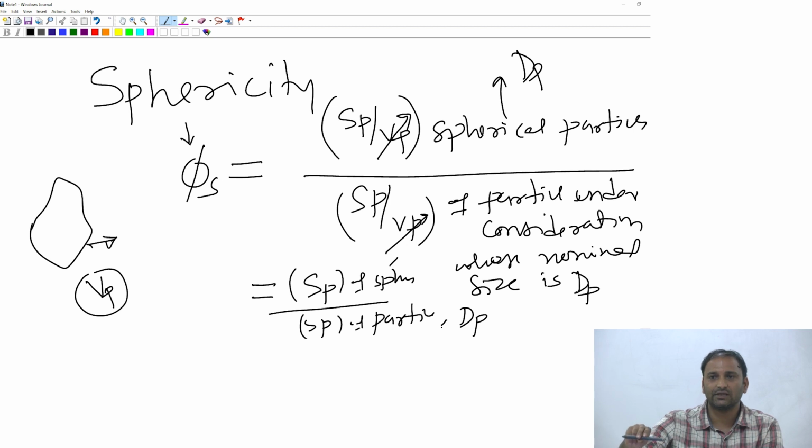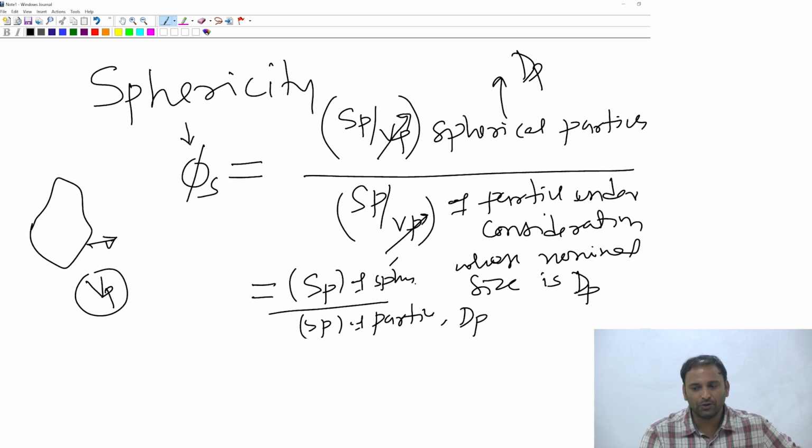So you can either express it as Sp by Vp of a spherical particle divided by Sp by Vp of a particle of whatever arbitrary shape that you are considering, as long as your nominal diameter is the same as a sphere, or you can also express it in terms of the surface areas itself.